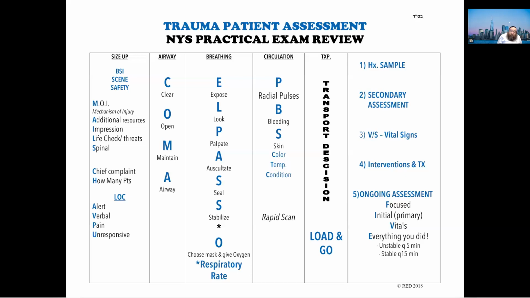3 is your first set of vital signs. All right. And again, the ones I want more than anything else is blood pressure, heart rate, respiratory rate. Okay. Actual numbers now. Number 4 will be interventions and treatment.